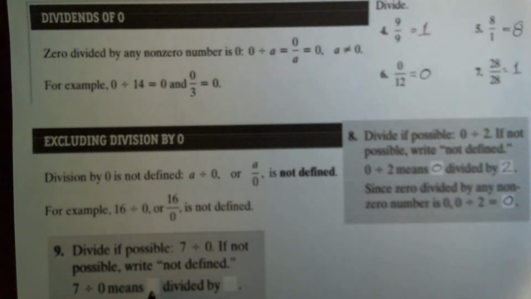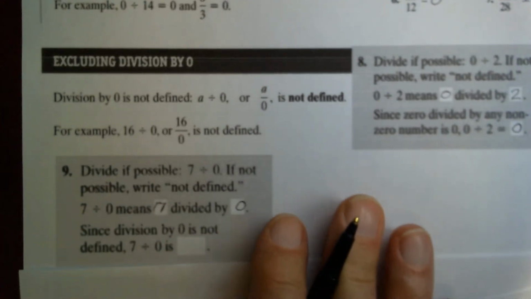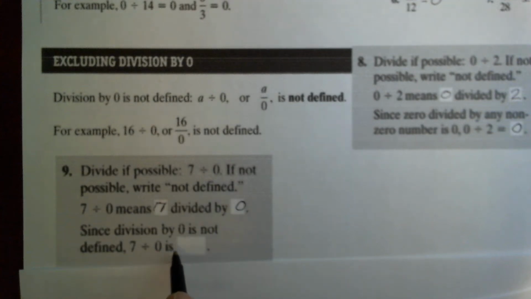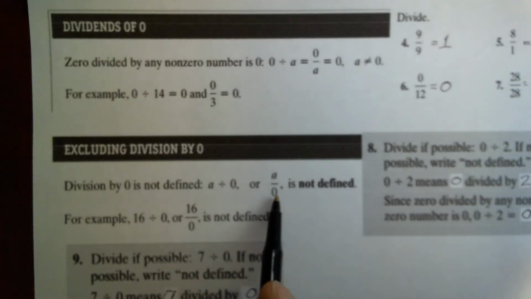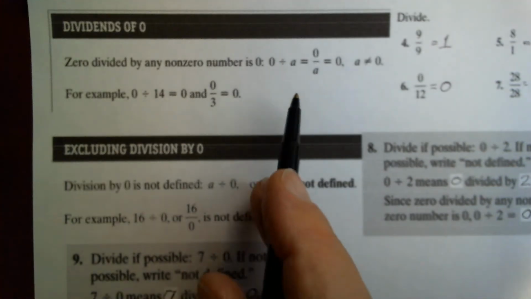So 7 divided by 0 means 7 divided by 0. And since division by 0 is not defined, we write 7 divided by 0 is not defined. So make sure you can keep those two cases apart mentally. Dividends of 0, in other words, where 0 is in the numerator, or where 0 is in the denominator. Be sure you understand the difference.